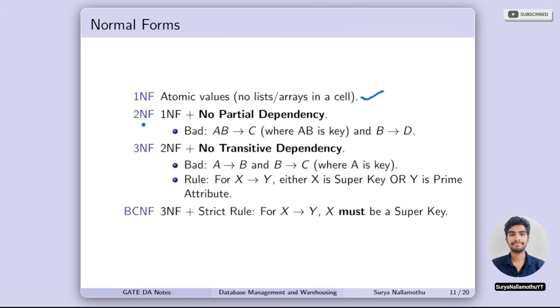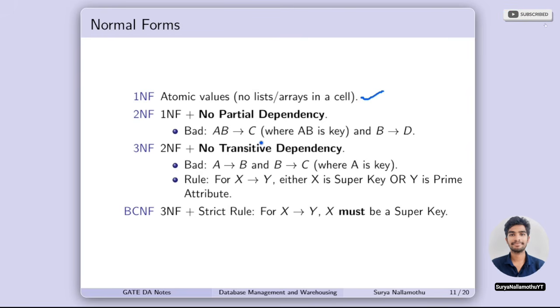Then the next case is 2NF, which is checked only after 1NF is satisfied. Then no partial dependency must occur. What is meant by partial dependency? I will say it simply.